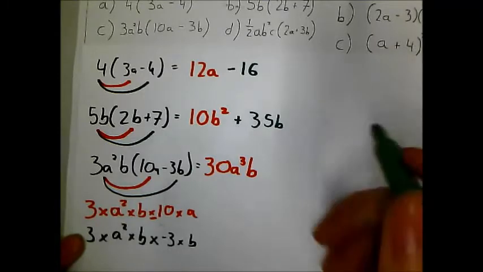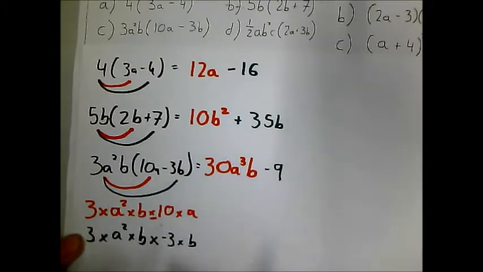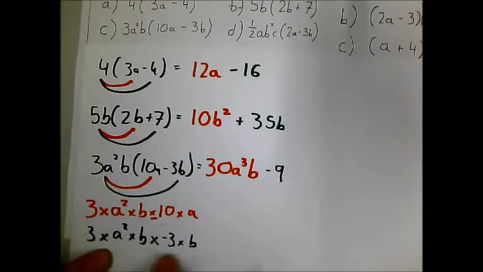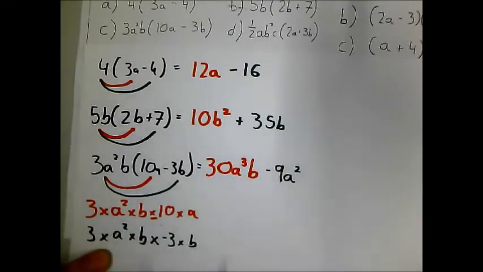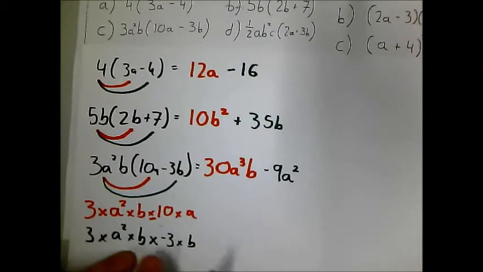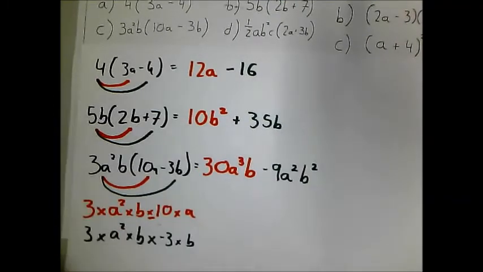So 3 times negative 3 is negative 9. A squared times, no more a's, so it's just going to stay as a squared. So I'm still multiplying by a squared. And then b times b is b squared.